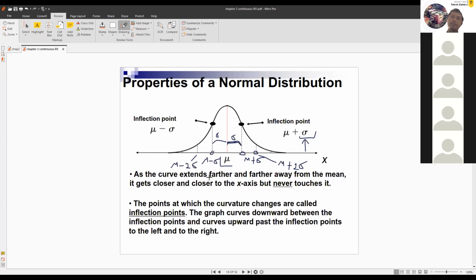Also this point is mu minus 3 standard deviations, and this point is mu plus 3 standard deviations.